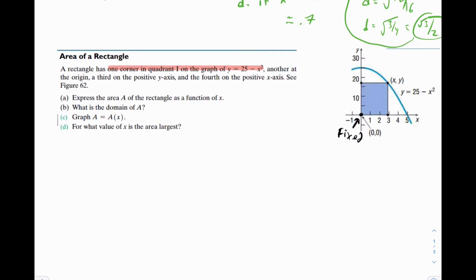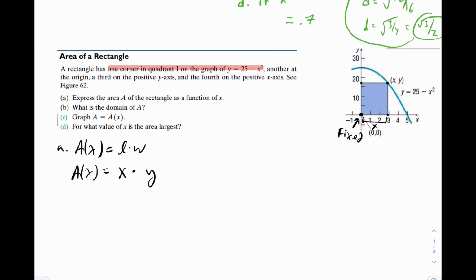Express the area. So let's write A. The area is going to be A of x. That's going to equal, well, for any rectangle, we should recall that that's length times width. In our problem here, I can see that this distance here is clearly x. I can write x down. And the height is y, right?